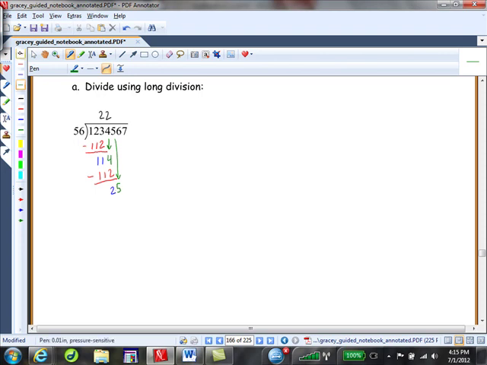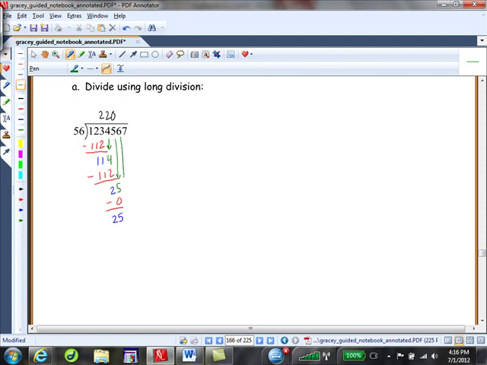Well, how many 56s are in 25? 0. Don't forget to put that place of 0. 0 times 56 is 0. So we're just really subtracting 0. And we end up getting a remainder of 25 this time.